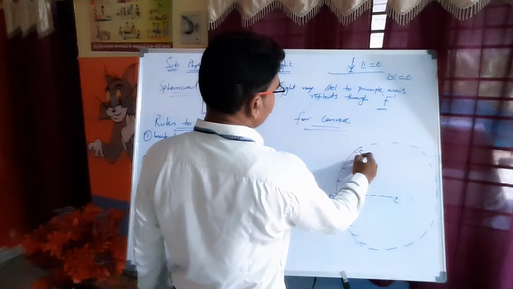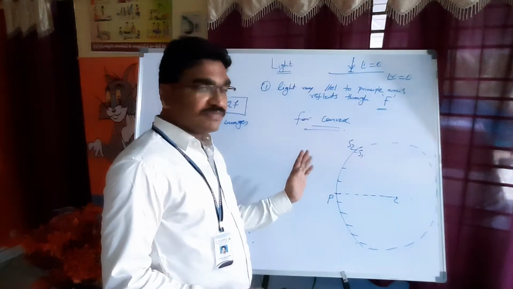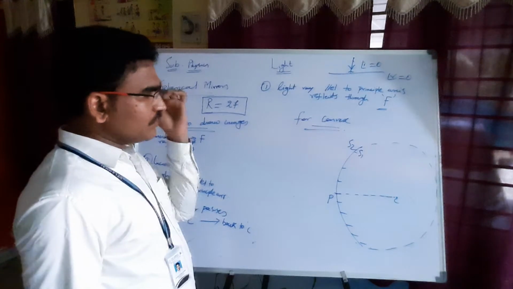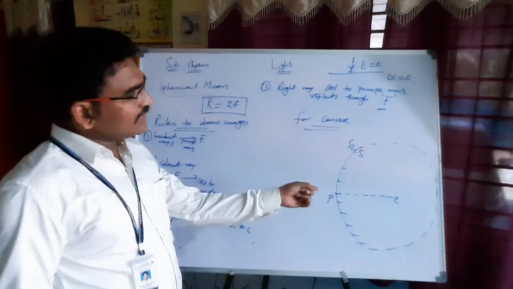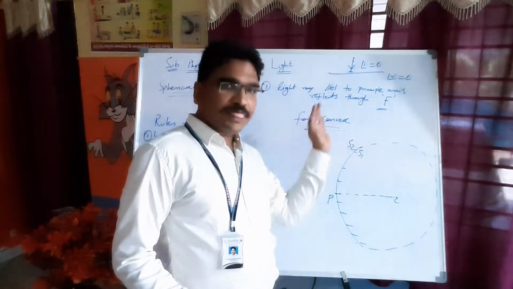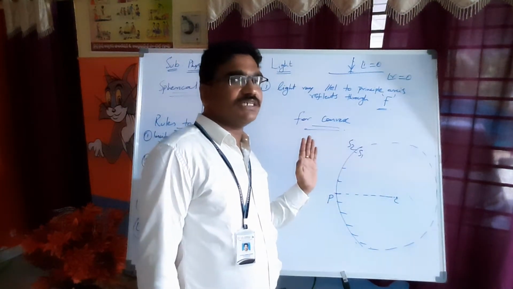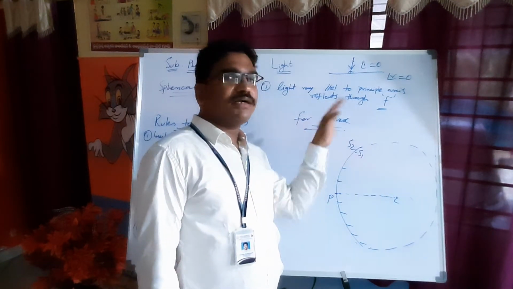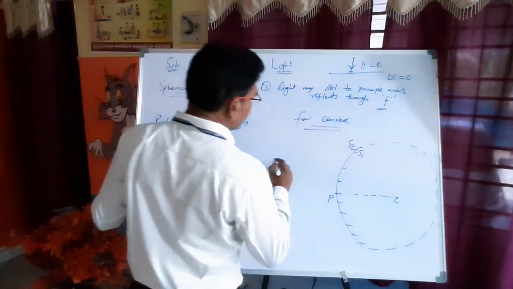If I take this as S1 and S2, S1 is silvered, so S2 is going to become the reflecting surface. When light falls on it, it is going to reflect. For a convex mirror, the center of curvature is on the other side, on the silvered side, not on the reflecting side, but at the back of the mirror. That you should understand now.